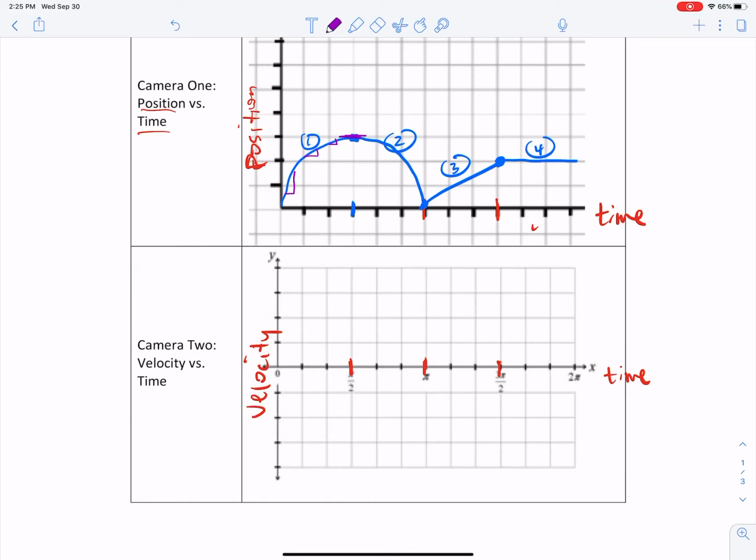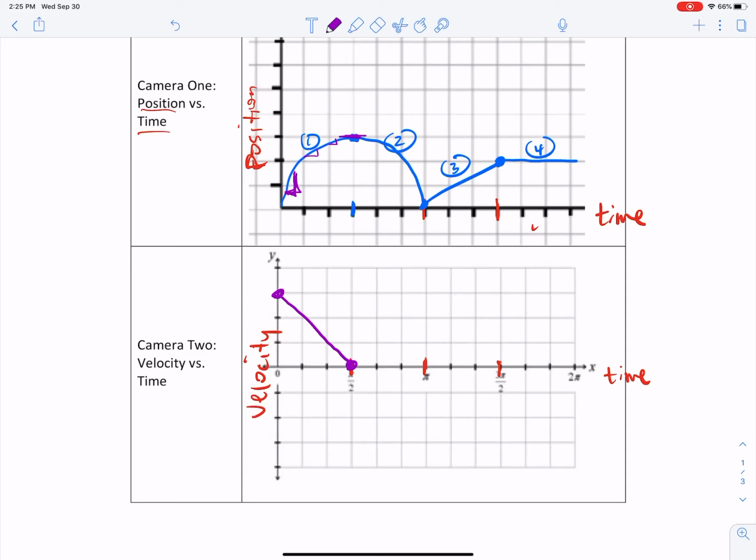So I know that at this point in time, if I'm just graphing the slope, I'm going to have 0 slope at that moment. And here, this large positive slope can be shown by a large positive number. And that's just going to decrease. So this first section would look like that.